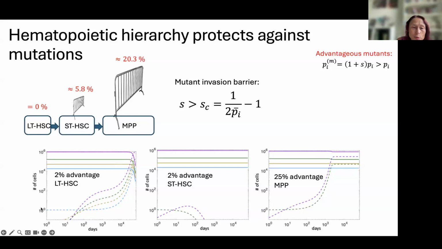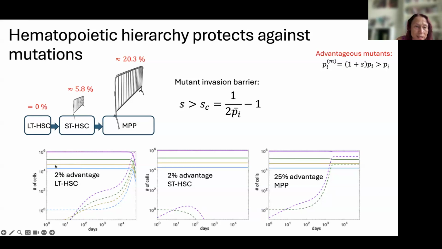Here's a simulation. Let's suppose that we have an equilibrium. So these solid lines correspond to the number of cells in each of the compartments. So this is long-term stem cell, short-term stem cell, MPP, and these other most differentiated cells.